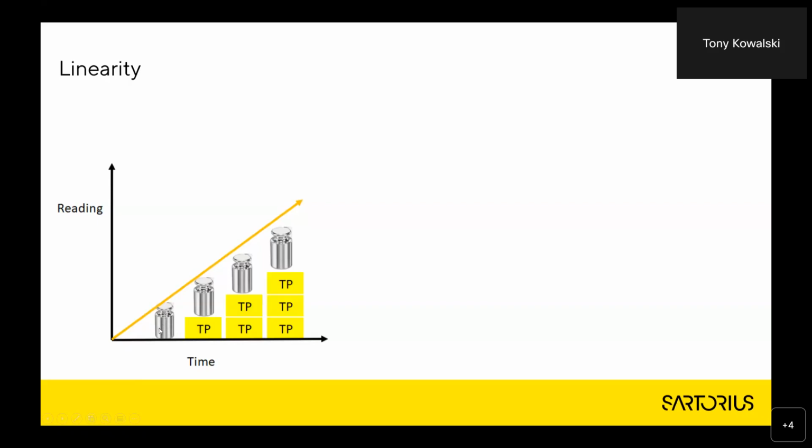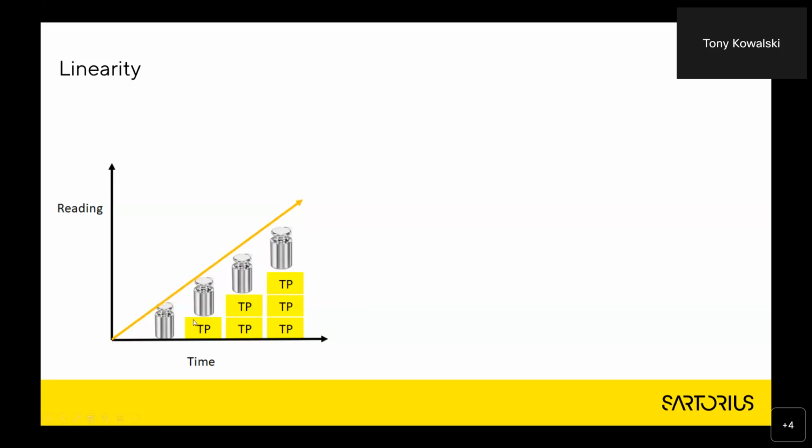I've not put any values on this because it would be the same method whether it's a 500 gram, a 5 kilogram, a 10 kilogram, or a 50 kilogram manual mass comparator. We would put our first weight on the weighing pan, record the result, and that should be within specification.